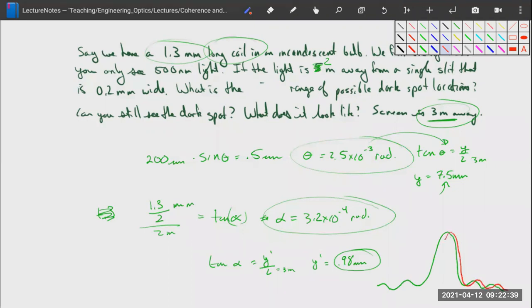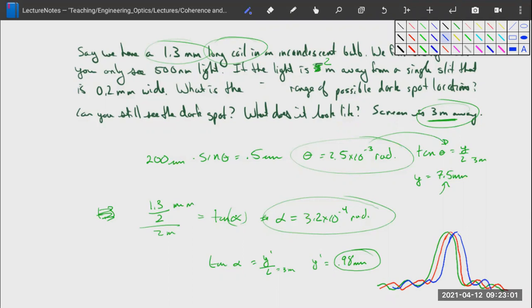Like this. Oops, I didn't offset it the same amount, but you get the idea. And again, as we move along the coil, every single point along the coil produces the same interference pattern, but it's offset.